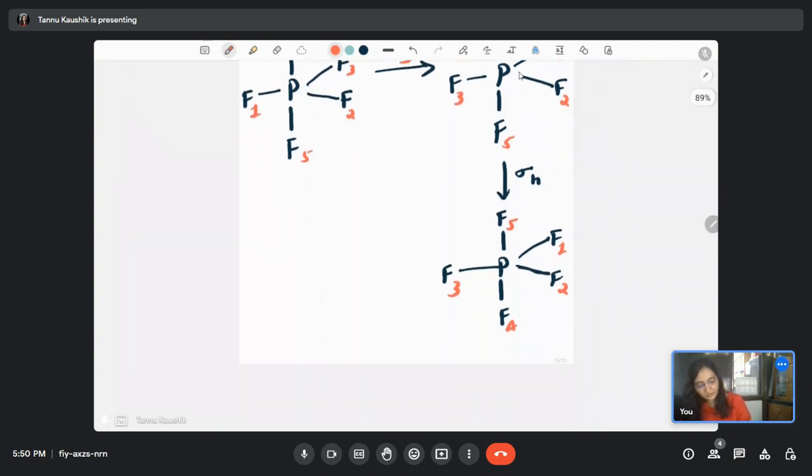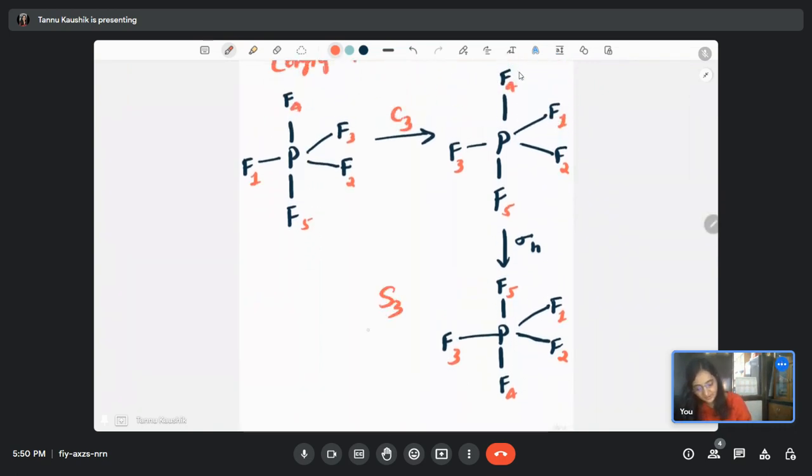So this is the final configuration we will get after performing this S3 operation. So we got an equivalent configuration.